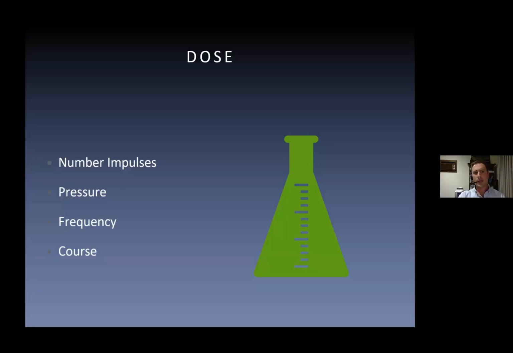So some things to take into consideration is the dose. And I look at the number of impulses. The number of impulses for most musculoskeletal things that we treat is between 2,000 to 3,000 shocks. One thing that's interesting in the literature is fibroblasts are more sensitive to the number of shocks than the actual energy.